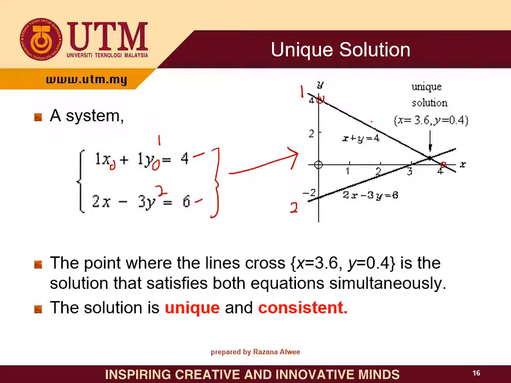For the second one, if you put y as 0, 2x equals 6, so it will be x equals 3. So x equals 3. And then if you put x as 0, y is negative 2.